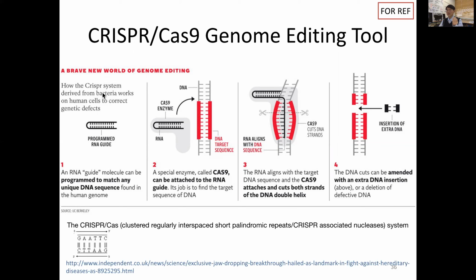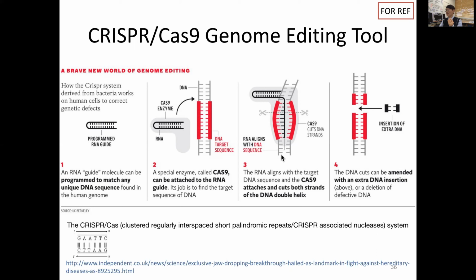So how does this CRISPR system, originally derived from bacteria, work to correct potential genetic defects in humans? An RNA guide molecule can be programmed to match any unique DNA sequence in the human genome. That is carried by a special enzyme, Cas9, which you attach to the RNA guide, and it will find the target DNA sequence.